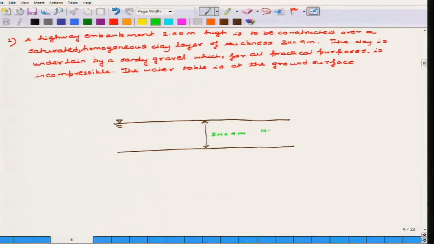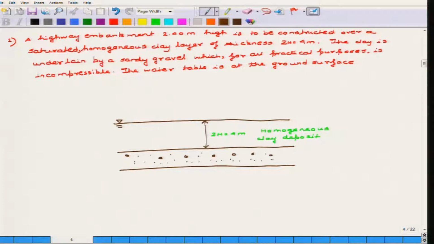This is the homogeneous clay deposit. Now, this is the sandy gravel layer, and as already said, this layer is practically incompressible.